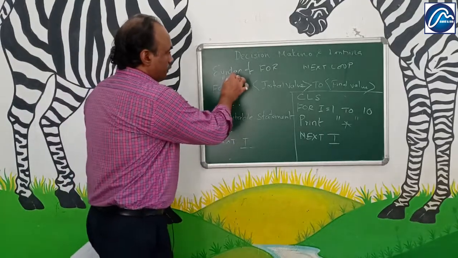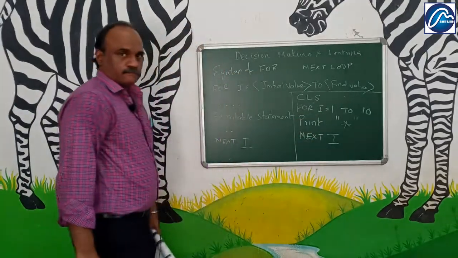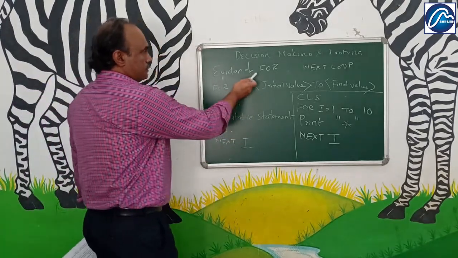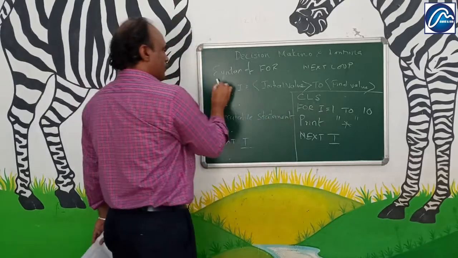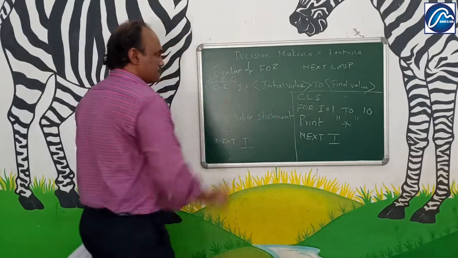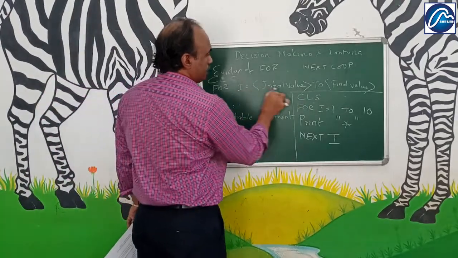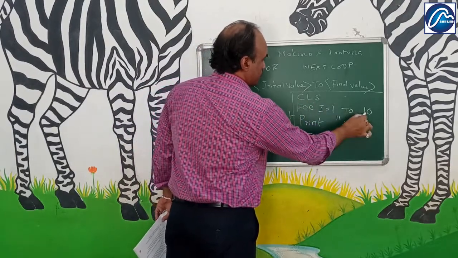So can you correlate this syntax and this program? This is the syntax, and there is no CLS in it. If you write CLS also, no problem. The same CLS here also. For I is equal to initial value, the initial value of I is 1, final value is 10.